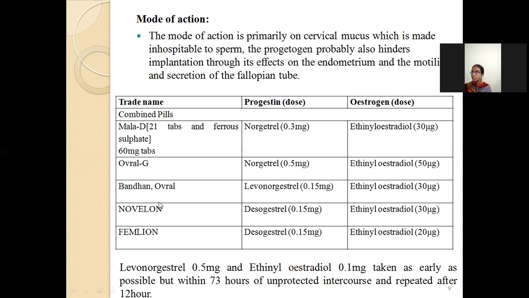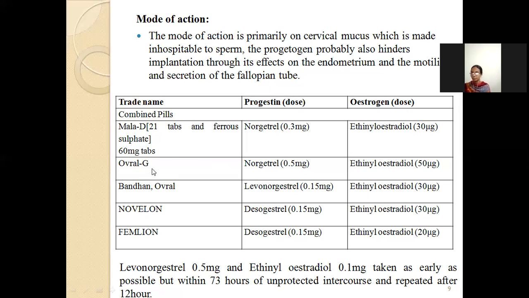Which are available in the market, and in these medicines, progesterone and estrogens are there. So we see how much progesterone and how much estrogen is there. For Mala D, the progesterone level is 0.3 mg and the estrogen level is 30 micrograms.